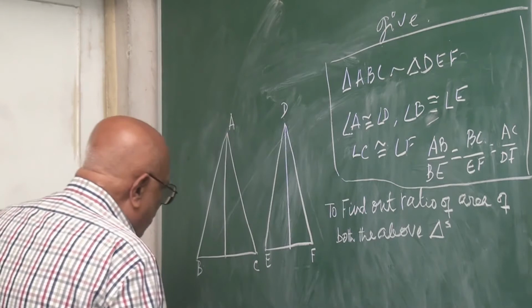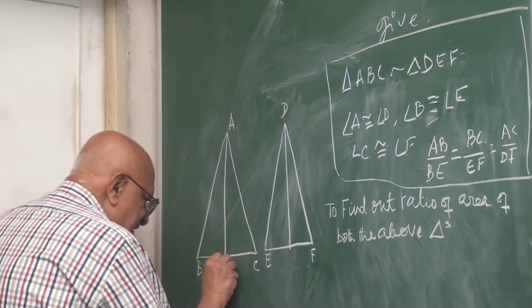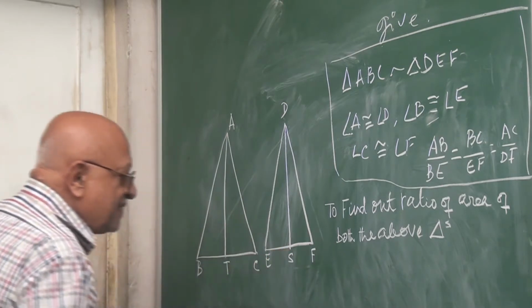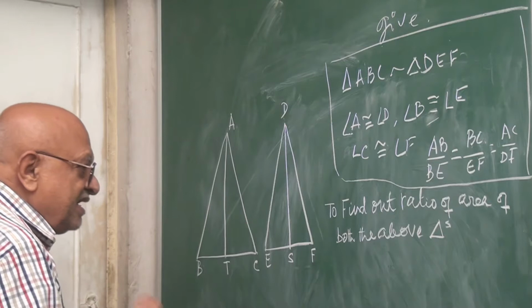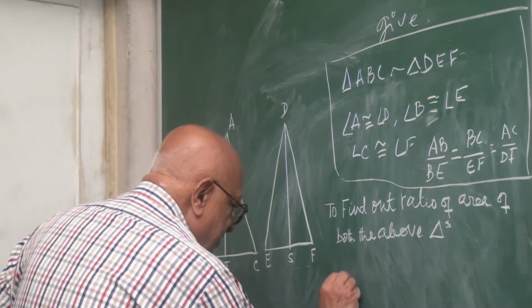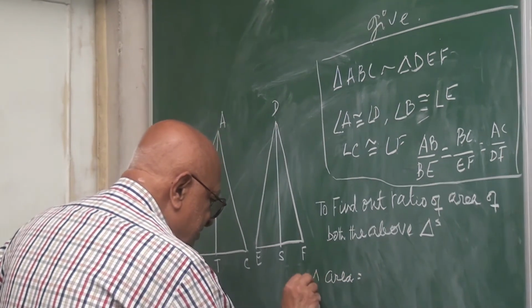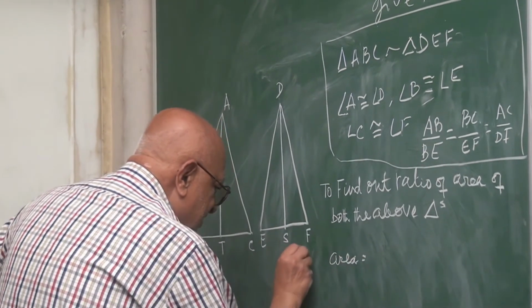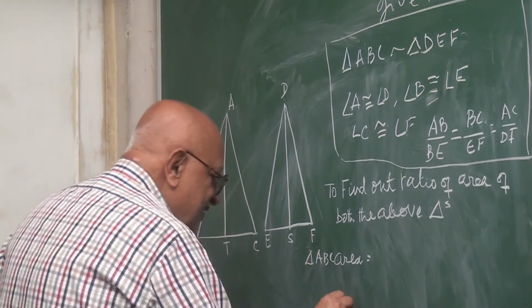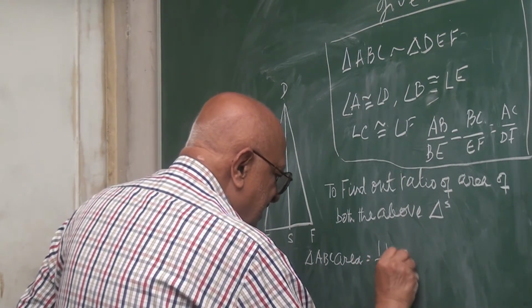Let us call this one T and this one S. First let us find out the area. The area of triangle ABC would be half base into altitude.